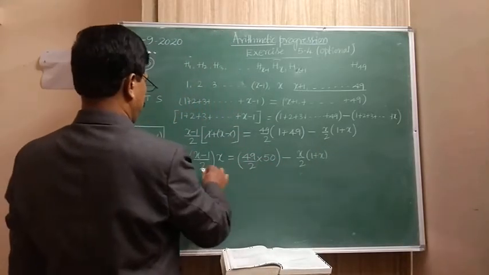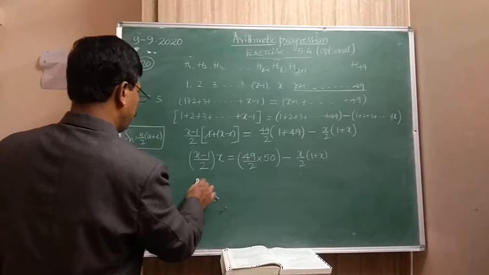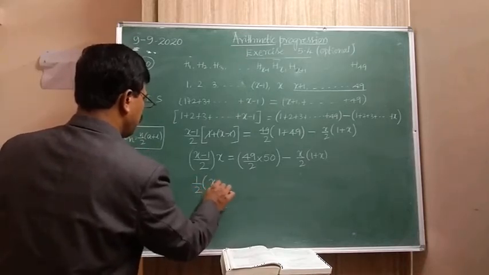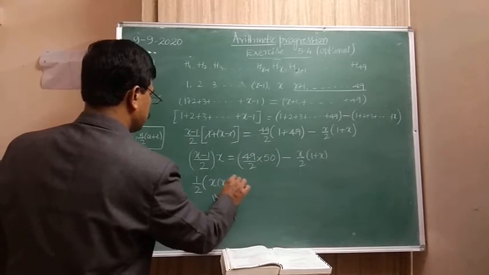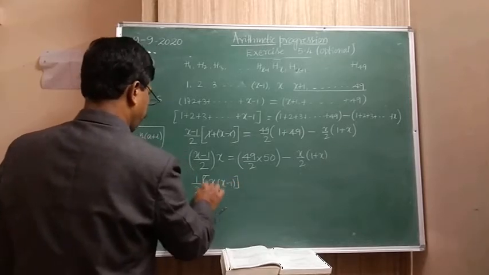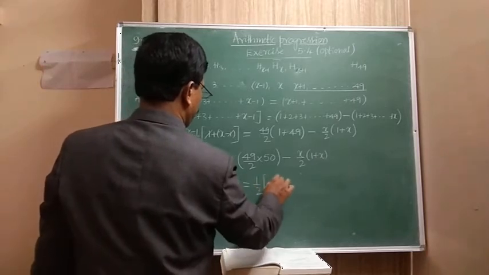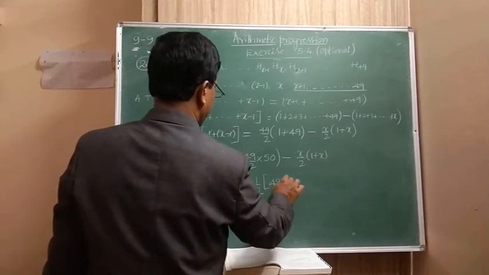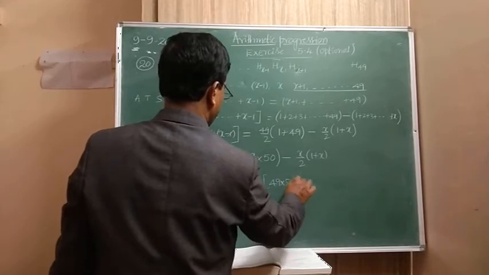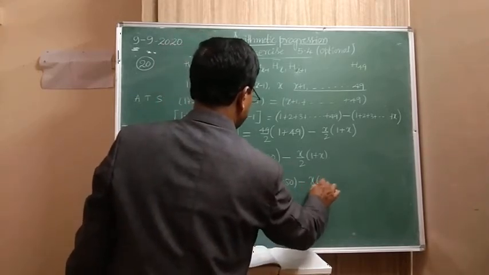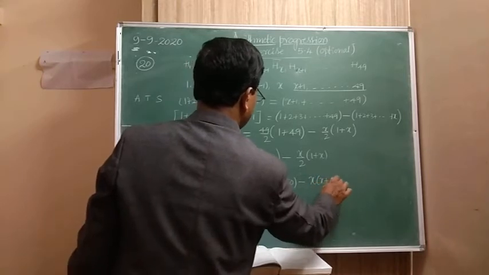Here do one thing, take 1 by 2 as common, it becomes x into x minus 1 is equal to 1 by 2 common, here 49 into 50 minus, here 1 by 2 common, then what is left is x into x plus 1.